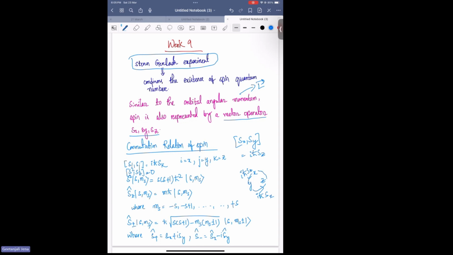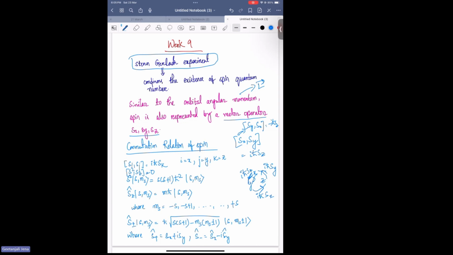And the commutation relation of the Z and X components of spin is given by i h-bar Sy. It follows the cyclic direction. In the other case, if we want to go from Y to X, then it will simply be minus i h-bar Sz. So what I mean to say is, if [Sx, Sy] is i h-bar Sz, then [Sy, Sx] is simply minus i h-bar Sz.